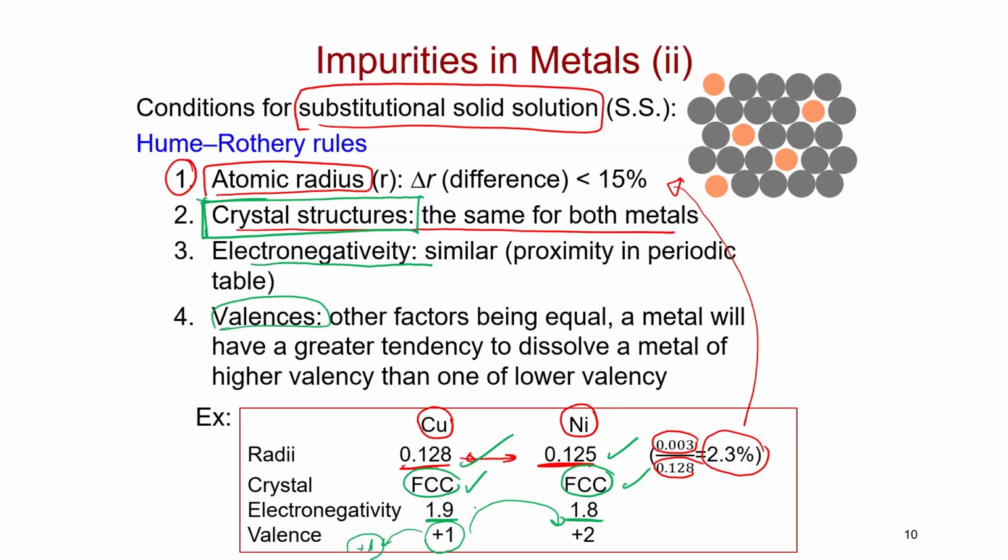Do you understand what I mean? If these all three are satisfied, an element would like to dissolve in a metal with a higher valence than one with a lower valence. Valence means the number of electrons in the outermost shell. Are we good?